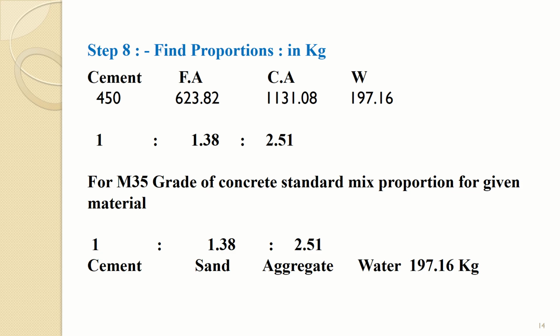Likewise for two bags, 2 into 50, that is 100 kg of cement, 100 into 1.38, 100 into 2.51, you will get the proportion of particular materials required for the M35 grade.